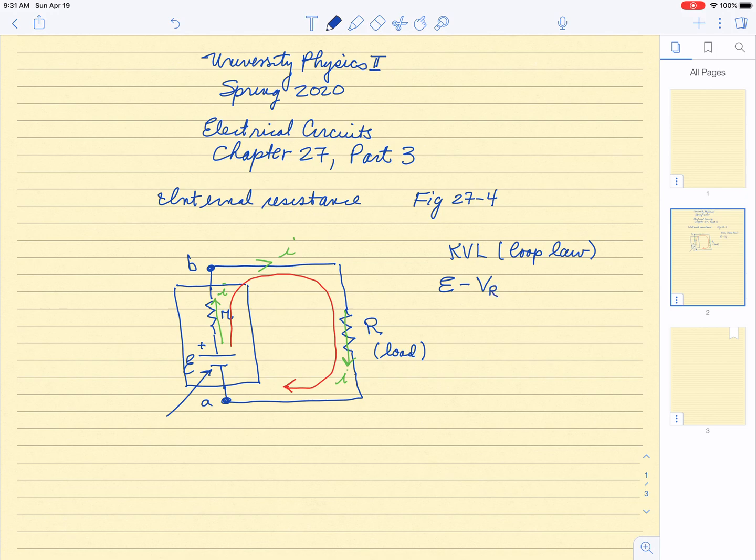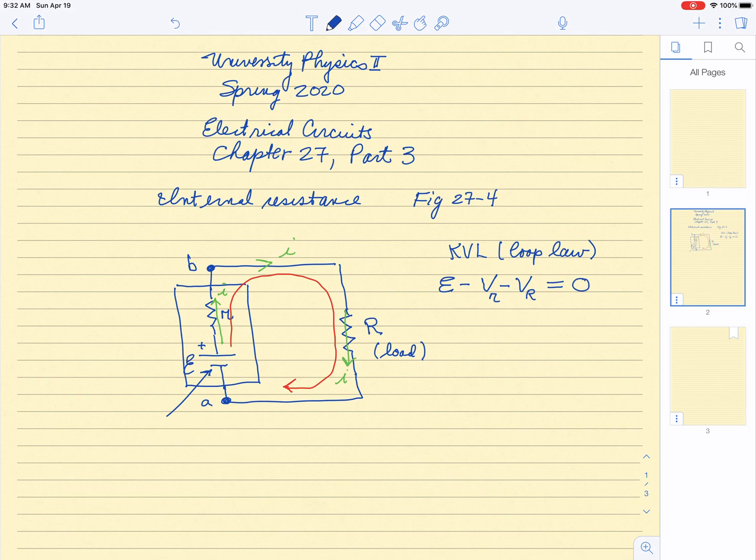Actually, what we should have done is look at the voltage drop across the internal resistance. So I'm going to write this as V lowercase r, minus the voltage drop across the external resistor or load resistor, V subcapital R, and that needs to be equal to 0, since we'll come right back to where we started.